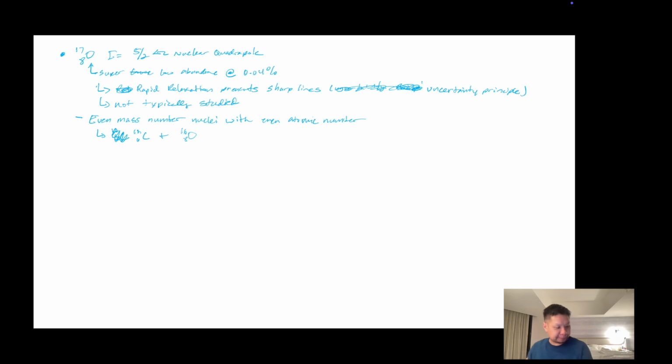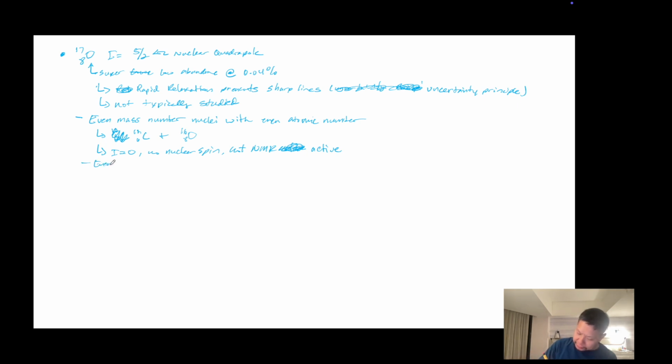These guys, though, have an I equals 0, which means no nuclear spin. Not NMR active.